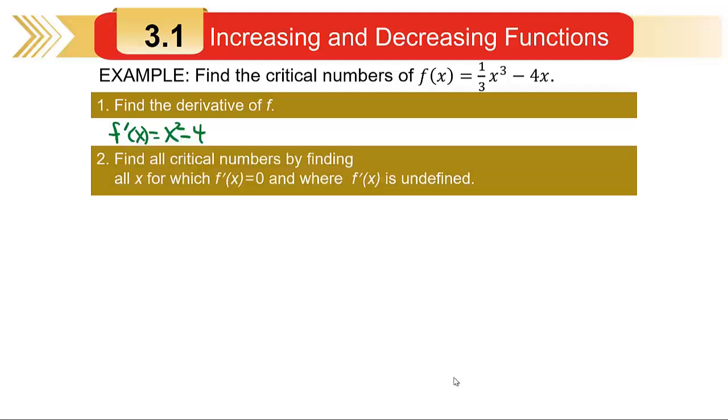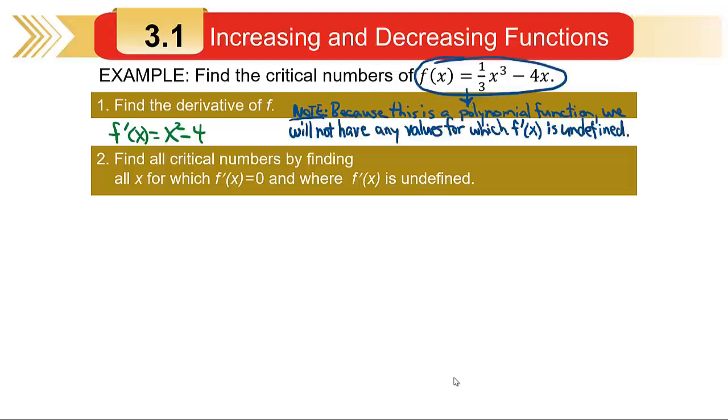Second step, find all critical numbers by finding all x for which the derivative is 0 and the derivative is undefined. One thing that you can just go ahead and bank on, and we've talked about how nice polynomial functions are. Polynomial functions are defined for all real numbers, and the derivative of a polynomial is still a polynomial.